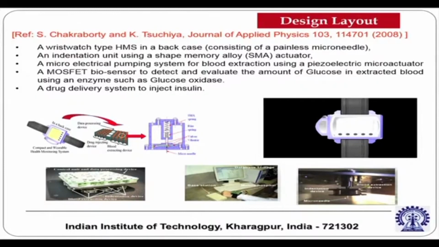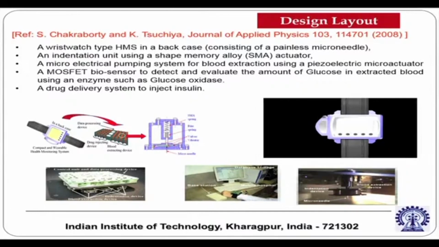On the back case of this wristwatch there are microfluidic needles, micro needles, and what these needles will do is, basically you are wearing a wristwatch. So when there is a particular situation when you want to have your blood sample tested for the blood glucose level, what you basically do is actuate some mechanism in the wristwatch system, I will show you the mechanism in the next slide.